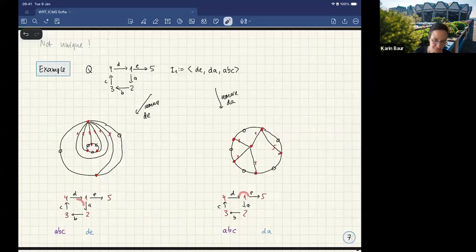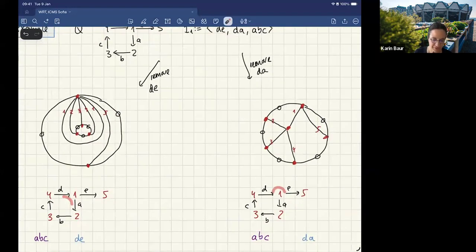So then hopefully you see here I have an annulus. There are arcs 1, 2, 3, 4, and 5. They will give you this quiver. There is one internal tile which gives you a relation DA. So that's the one that we didn't remove.